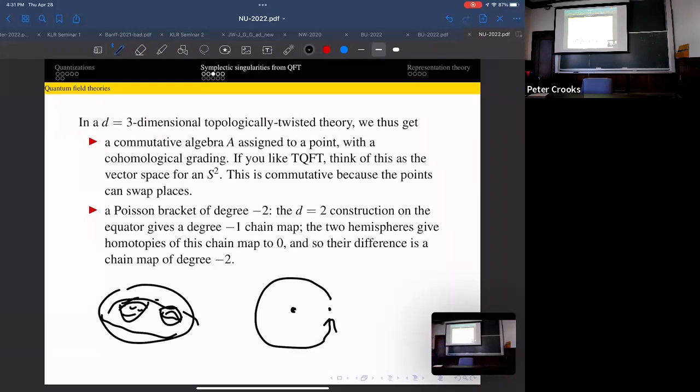That gives me the homotopy in degree 2. And then I have 2 ways of capping this off with a disk, depending on which side of the point in the middle I go. I'm looking at the difference between the 2 ways of homotoping that circle down to a point. So ultimately, what I get now is a chain map of degree -2. And that's my Poisson bracket.